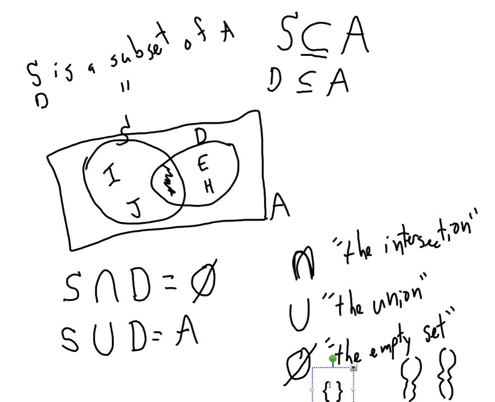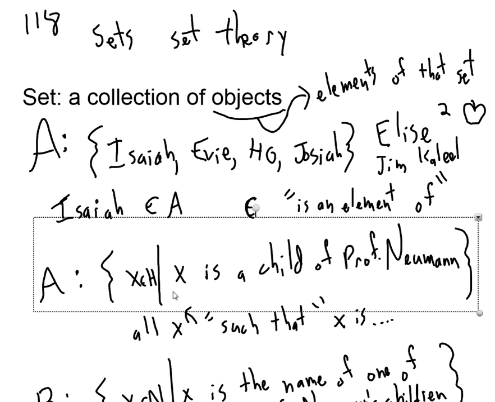There you go. There's the empty set. Nothing inside it there. So this idea of subsets, intersections of sets, unions of sets, defining sets, either with descriptions of words or by listing them, is what we're going to use when we're describing sets of numbers.